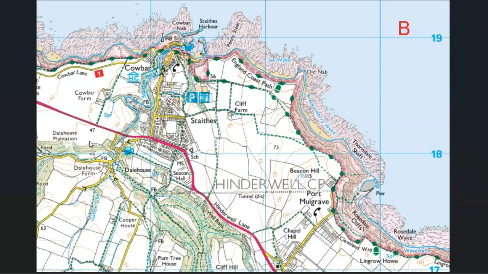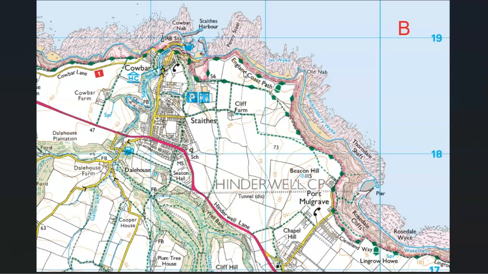So let's go back and have a look. We said we could possibly be here somewhere looking over, but again, look at the contours. Here is the 60-meter contour coming down. That makes this here the 50-meter contour.